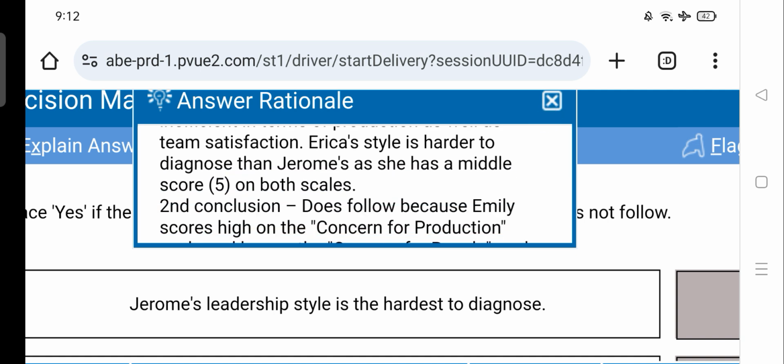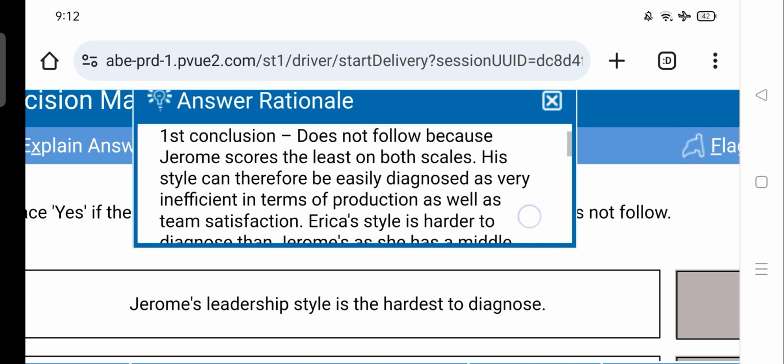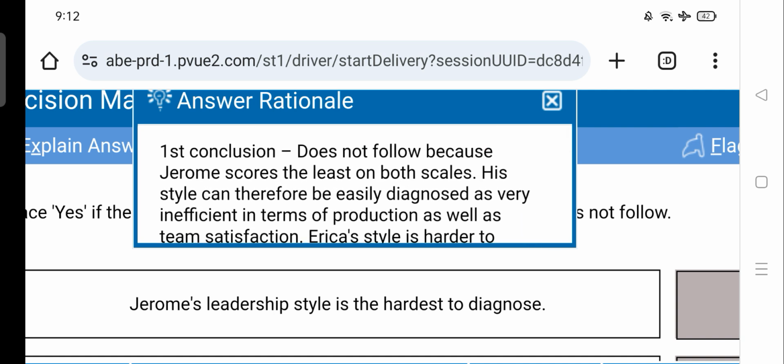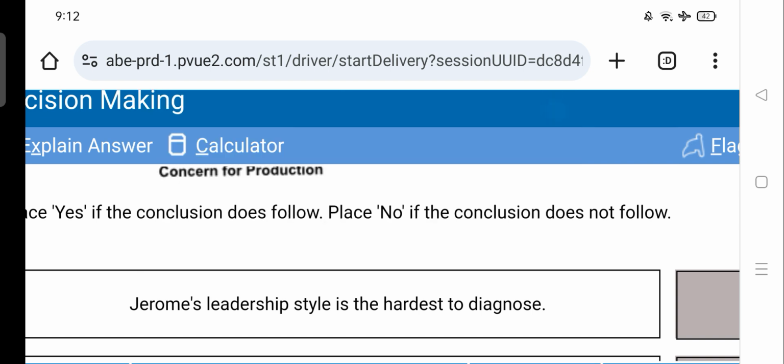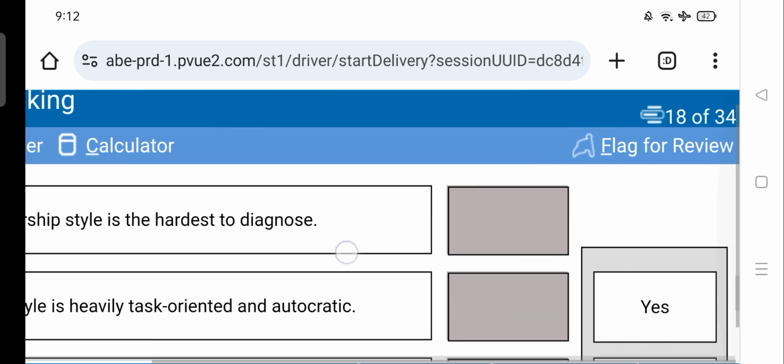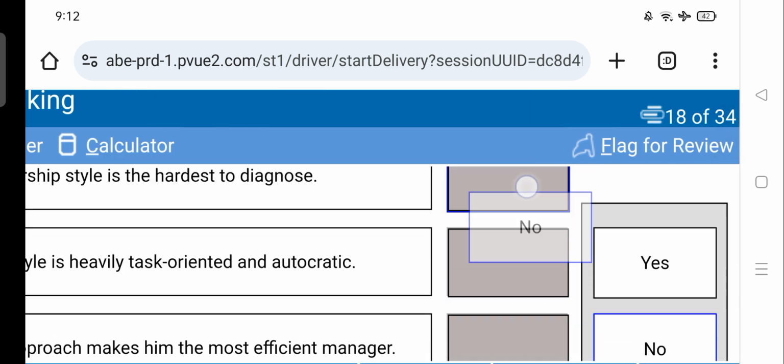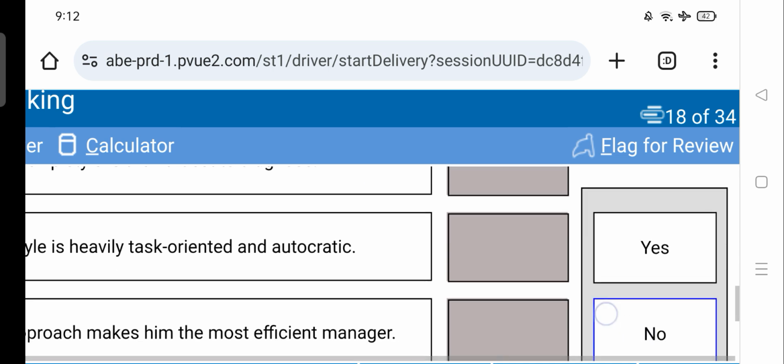Erica's style is harder to diagnose than Jerome's, as she has a middle score on both scales. So that's why the first conclusion does not follow. We will drag a no and drop it here in front of this conclusion.